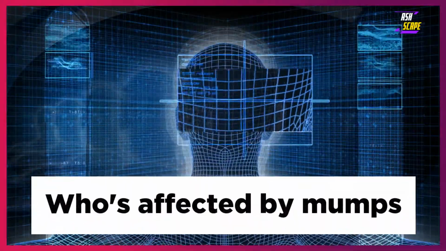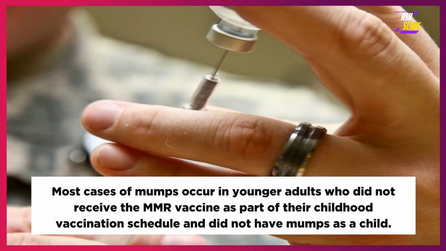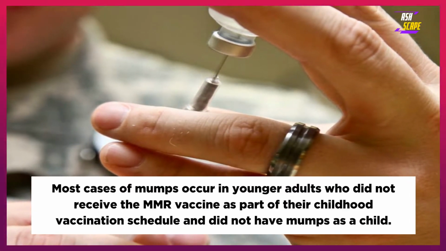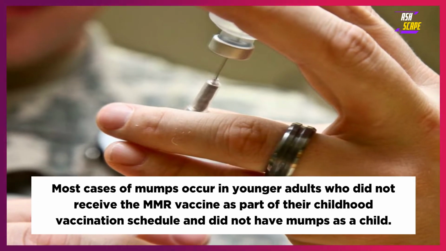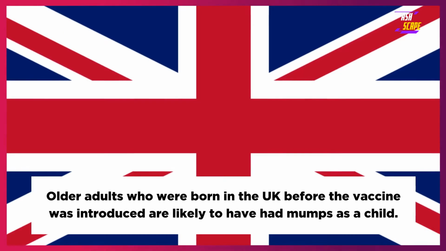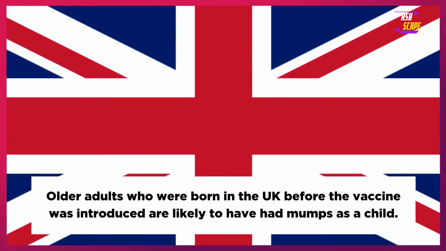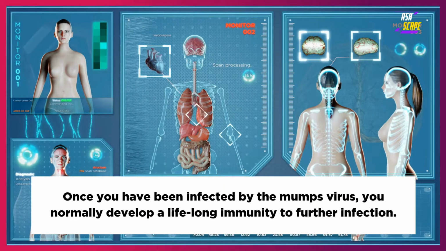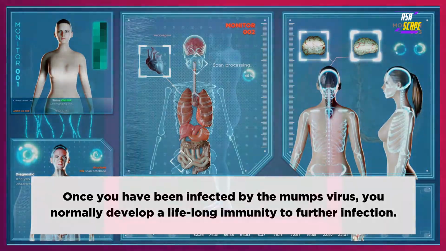Who's affected by mumps? Most cases of mumps occur in younger adults who did not receive the MMR vaccine as part of their childhood vaccination schedule and did not have mumps as a child. Older adults who were born in the UK before the vaccine was introduced are likely to have had mumps as a child. Once you have been infected by the mumps virus, you normally develop a lifelong immunity to further infection.